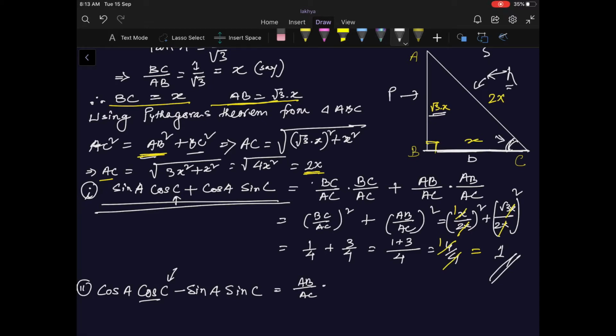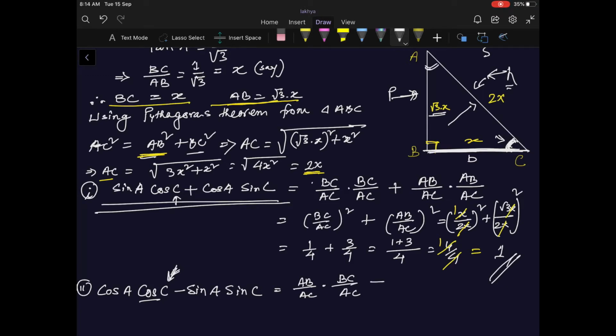The side opposite to the angle which we have taken here should be considered as perpendicular. So cos C, this adjacent side is base and the hypotenuse is always opposite to the right angle. So cos C must be base by hypotenuse, so BC by AC, minus again sin A.